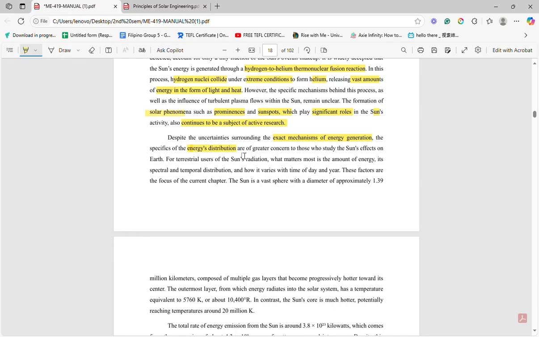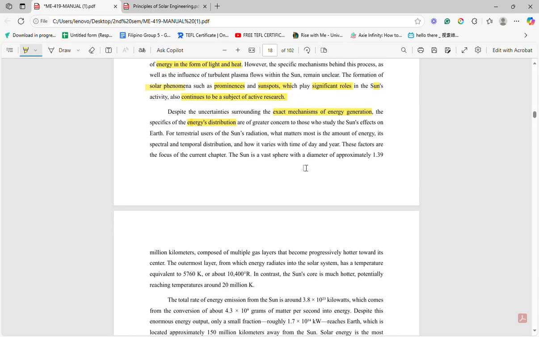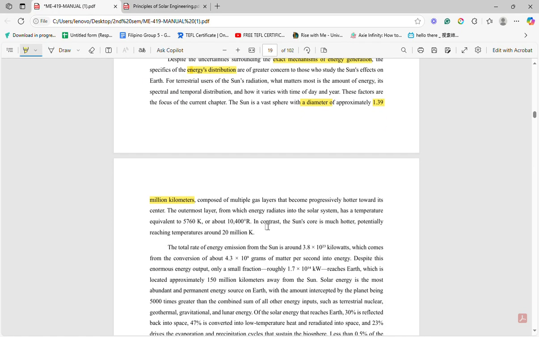So yon, the sun is a vast sphere with a diameter of approximately 1.39 million kilometers, composed of multiple gas layers that become progressively hotter towards its center. And the outermost layer, from which energy radiates into the solar system, has a temperature equivalent to 5,760 Kelvin, or around 10,400 degrees Rankine.